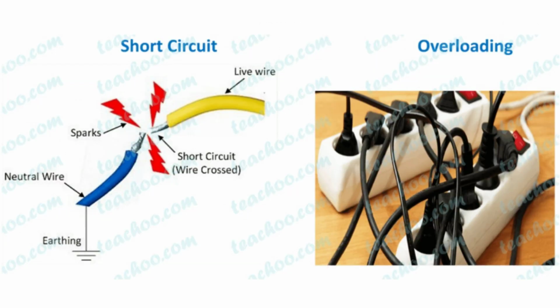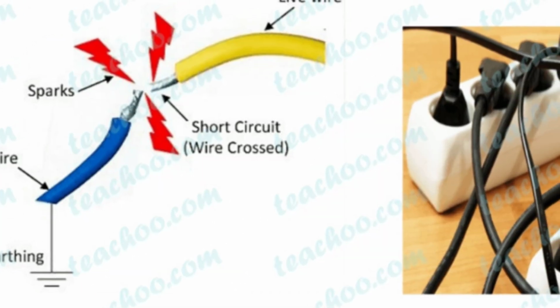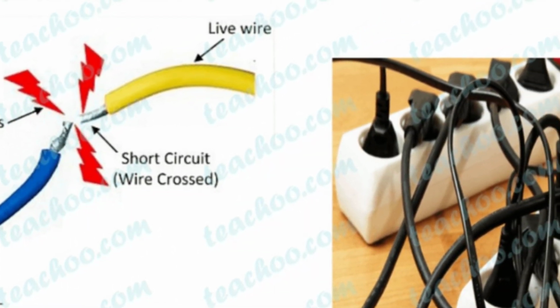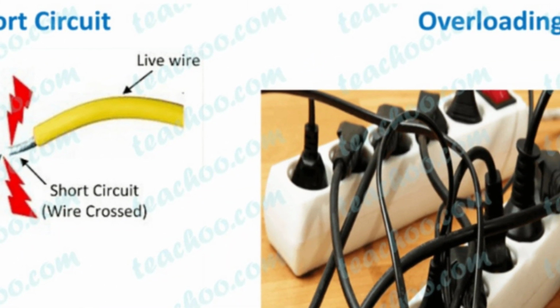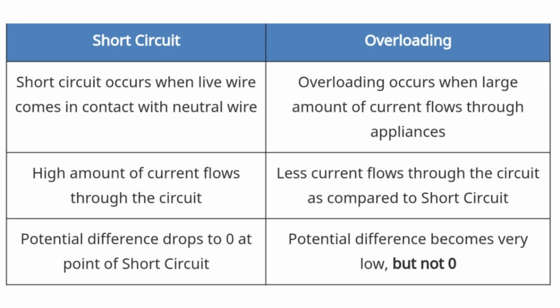So what is the difference between short circuit and overloading? A short circuit means the live wire and neutral wire come in contact with each other. So a short circuit occurs when the live wire comes in contact with the neutral wire. Overloading occurs when a large amount of current flows through appliances and the circuit.